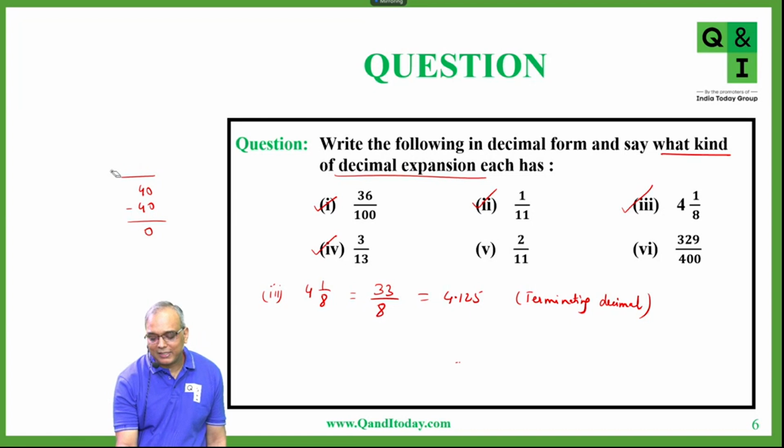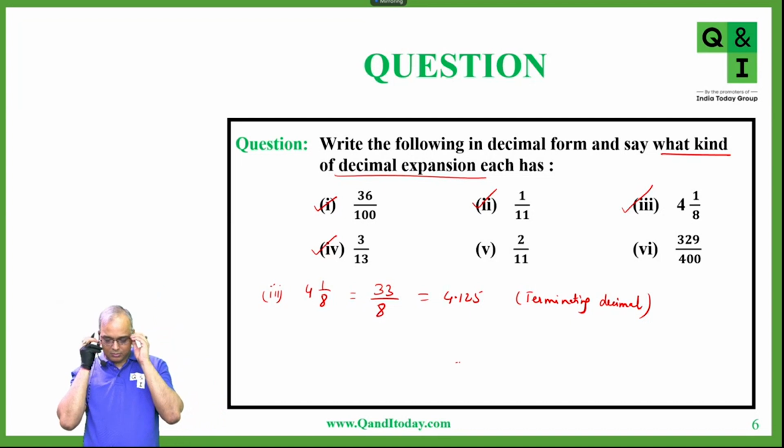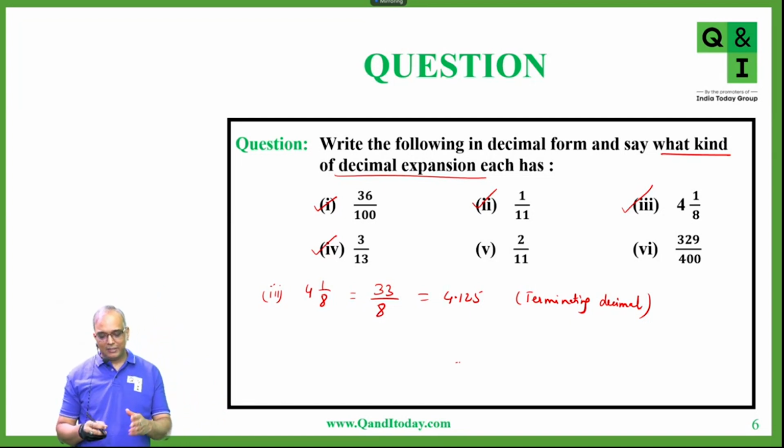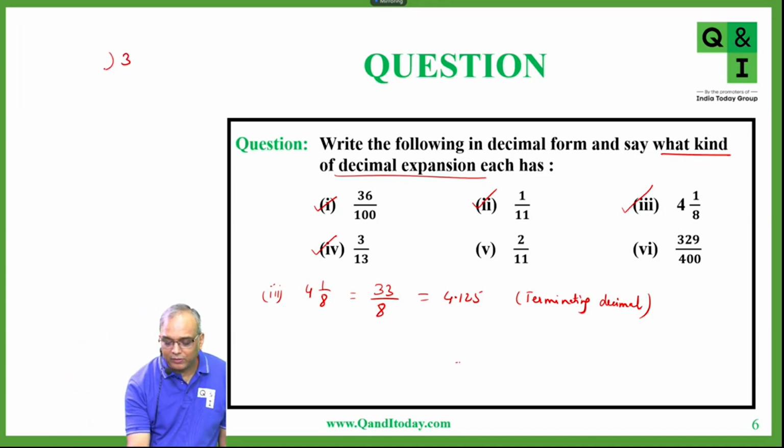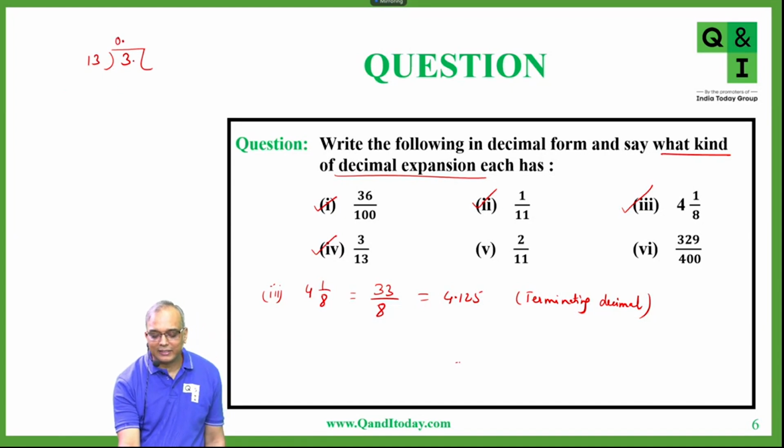So you will have to do normal division and see whether it is terminating or non-terminating. If it is non-terminating for a rational number, it has to be repeating. So 3 over 13, I am dividing 3 over 13. 3 is less than 13, so I'll put a decimal.